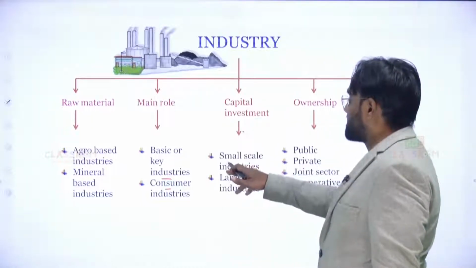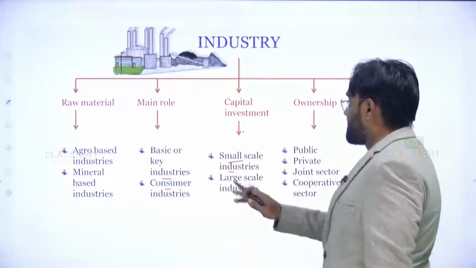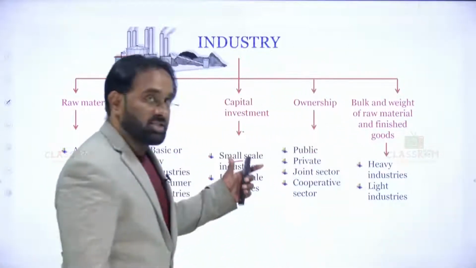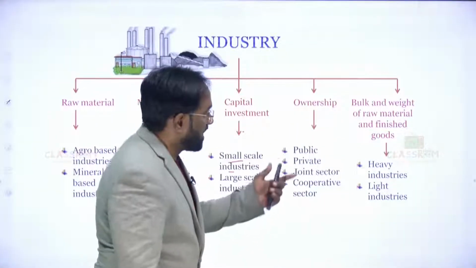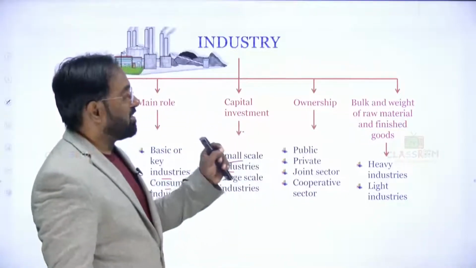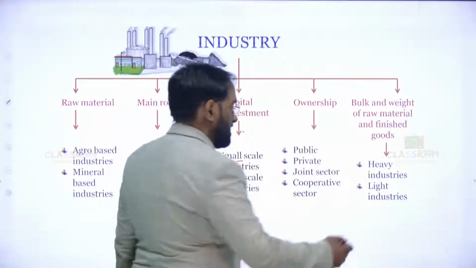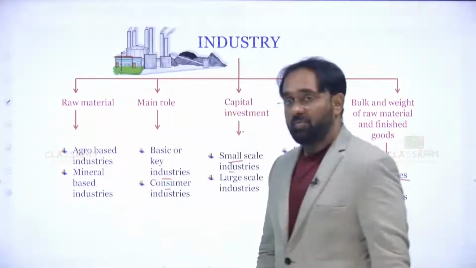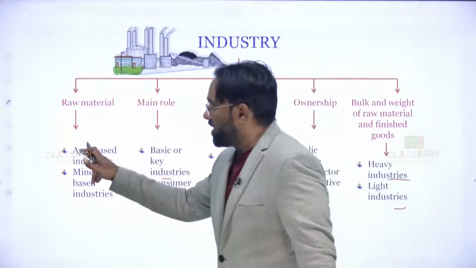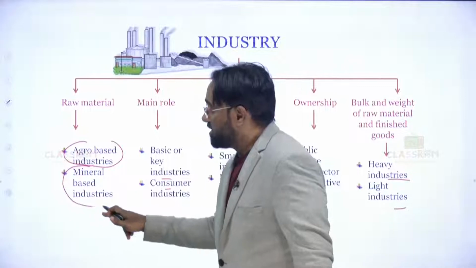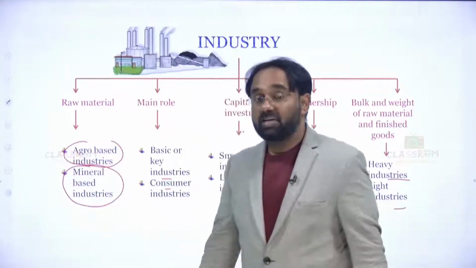Capital investment: small scale industries and large scale industries. Based on ownership you can divide into public, private, joint sector and cooperative sector. Based on bulk and weight of raw material and finished goods, you have heavy industries and light industries.